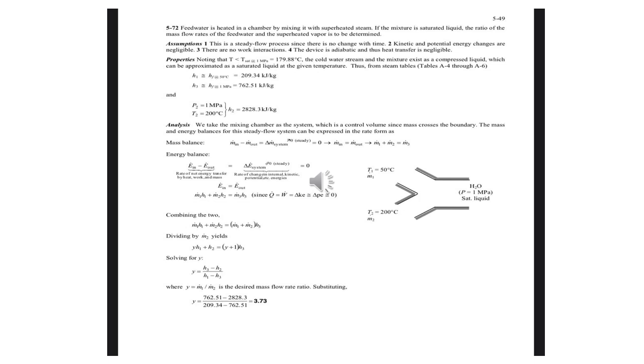Rearranging for the mass flow rate ratio, to find the ratio Y of the feed water mass flow rate M1 dot to the superheated steam mass flow rate M2 dot, divide by M2 dot: Y times H1 plus H2 equals Y plus 1 all multiplied by H3, where Y equals M1 dot over M2 dot.